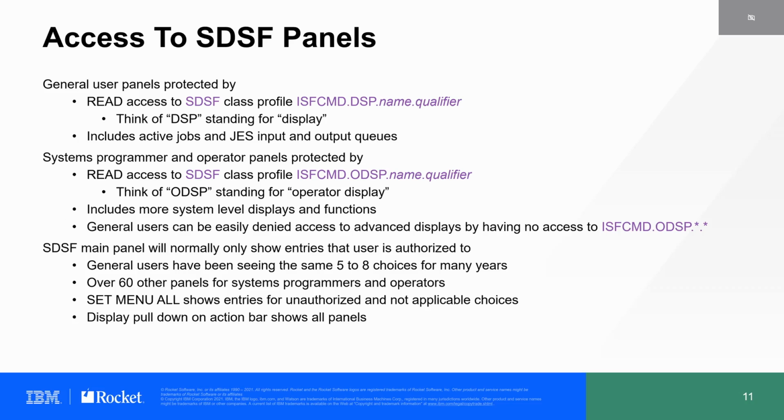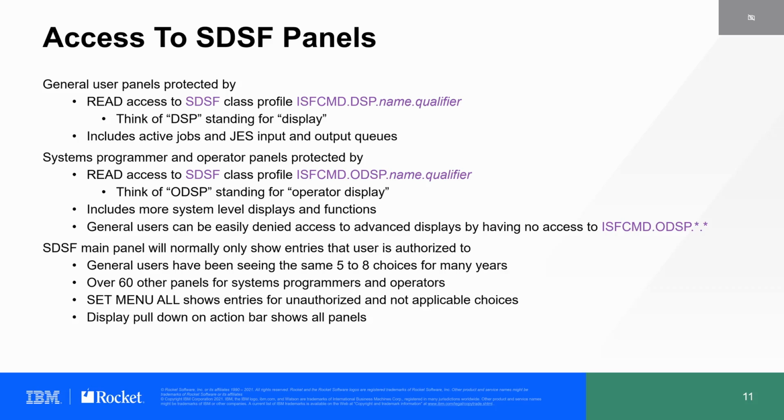The systems programmer and operator panels are protected by a second set of profiles, and their second qualifier there is odsp.name.qualifier. Okay, so think of ODSP as being operator display. So general users can easily be denied access to the advanced displays by having no access, none, to isfcmd.odsp.*.